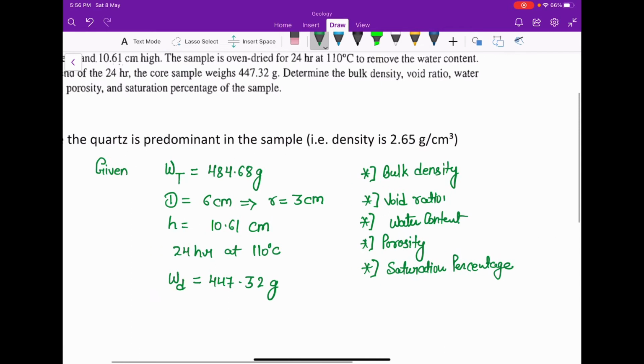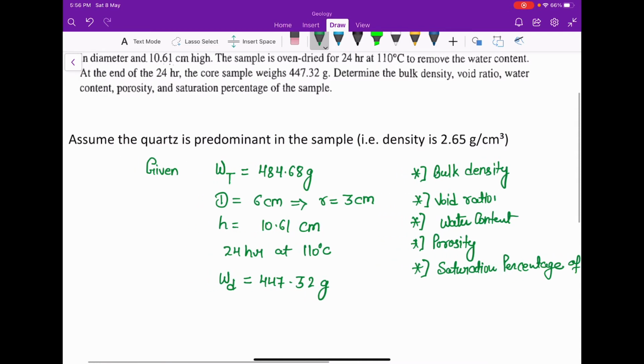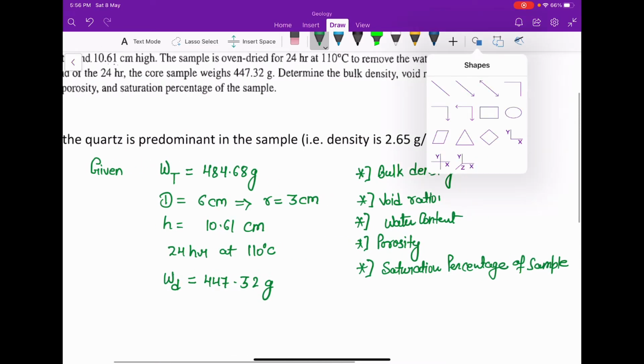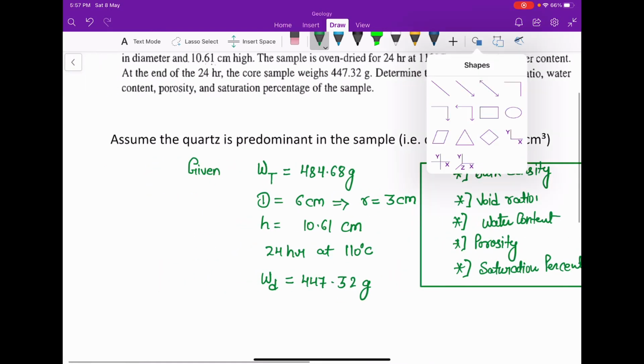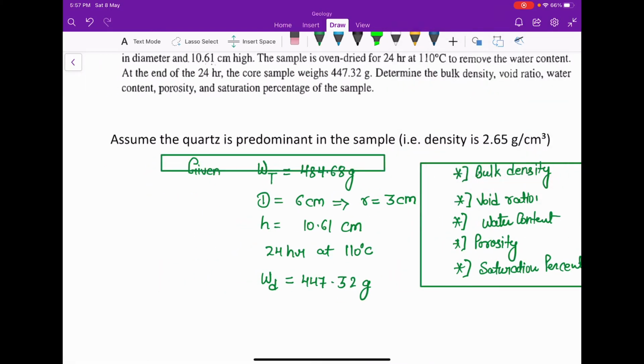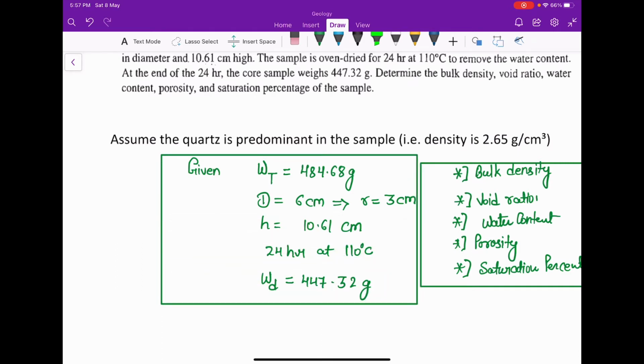So we have to find these things, and these are the given parameters.